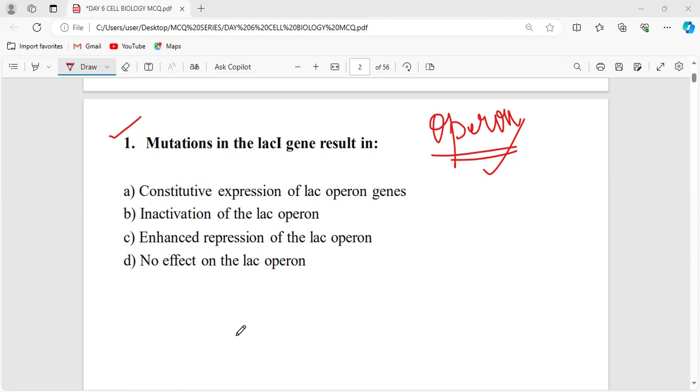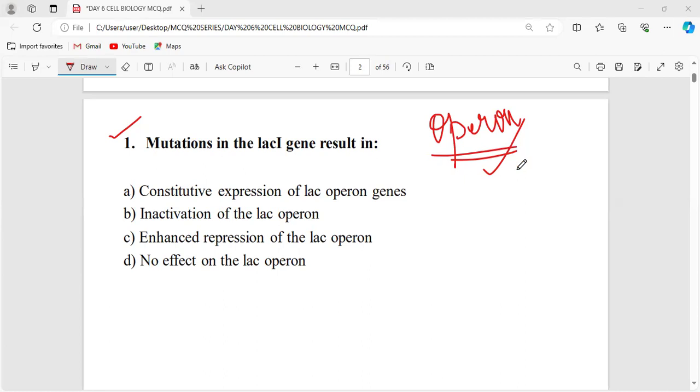One mRNA is enough to code for multiple proteins, as it is a simpler organism. But in higher organisms like humans, we are monocistronic in nature. And monocistronic means one mRNA codes for one protein. That is the difference between monocistronic and polycistronic.